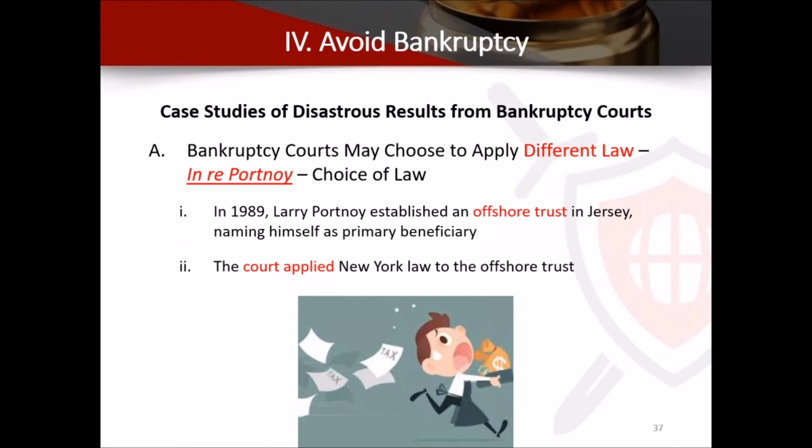Basically, an individual, before they knew how bad the bankruptcy court was going to react to asset protection, got involved with a foreign trust and did the foreign trust planning.